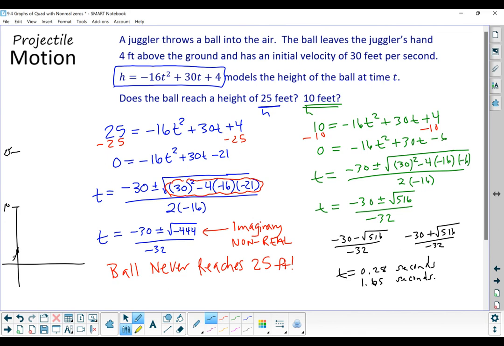The ball is going up and down, and it does hit that height of 10 feet twice, but it never gets as high as 25 feet. So doing the quadratic formula like this and looking for non-real roots can help you figure out whether or not a projectile, like a ball or something that you're throwing, hits a certain height.